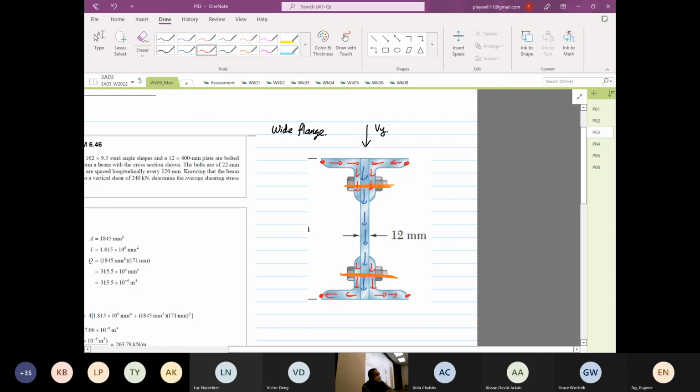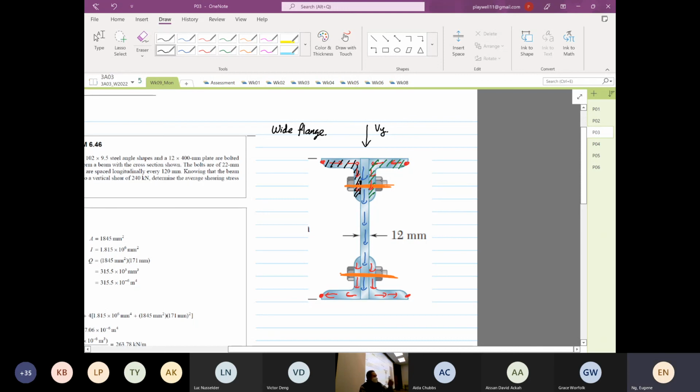So now, where do you take your first moment of area? You only need this one. You can take the one I shade in black, or you can take the one I shade in green. And then the region of failure is just this region over here.